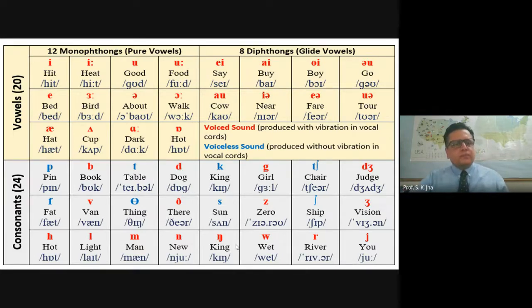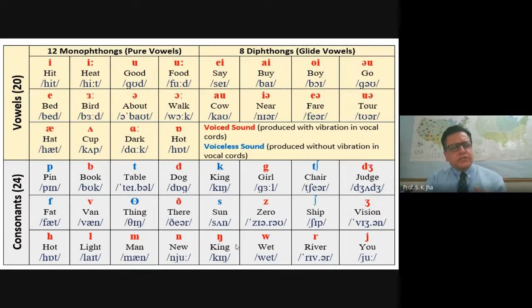So we have 20 vowels and 24 consonants. Let's try to practice very quickly. First, we have 12 pure vowels and 8 glide vowels.